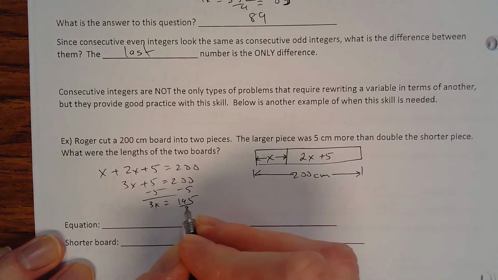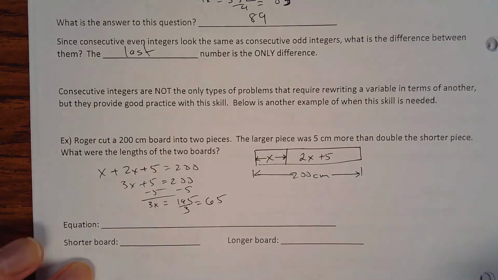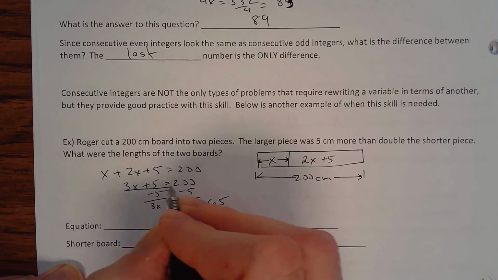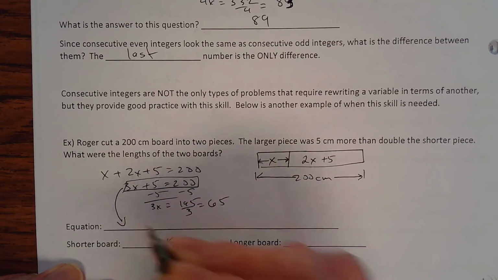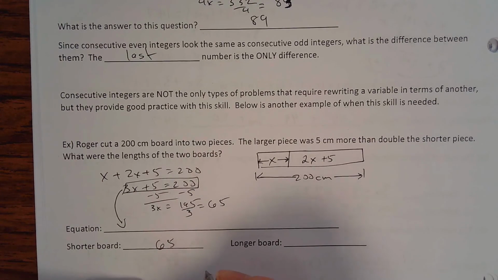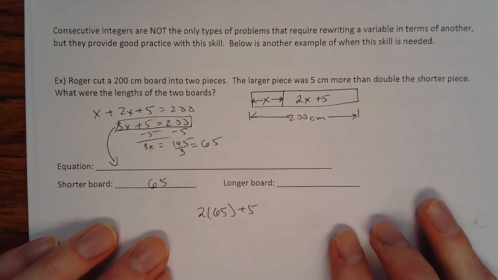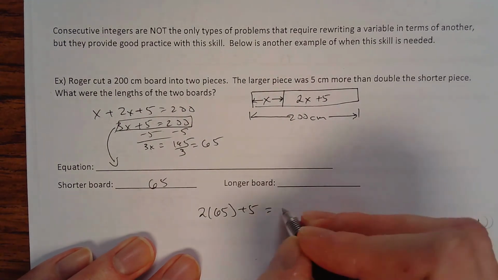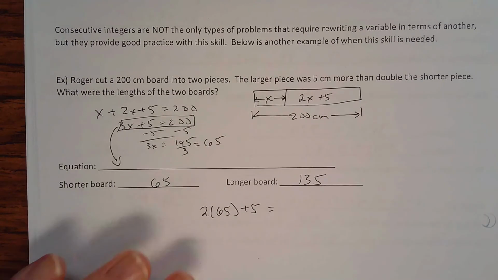Divided by 3, I get 65. So that's the shorter board, 65. By the way, this goes down there as your equation. So if the shorter board is 65, plug that in here. So 2 times 65 plus 5, and that's going to give you 135.